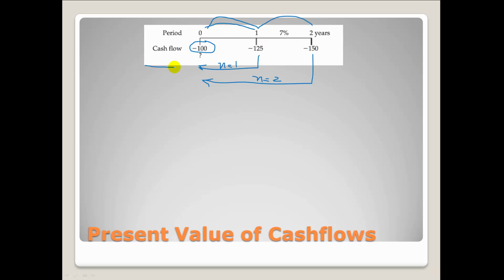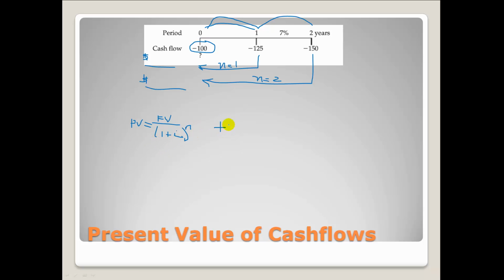So we're going to come up with calculations for both of these. And the formula that we're going to choose to work with here is the calculation of present value, which is equal to future value divided by 1 plus the interest rate raised to the nth, which we've already done.